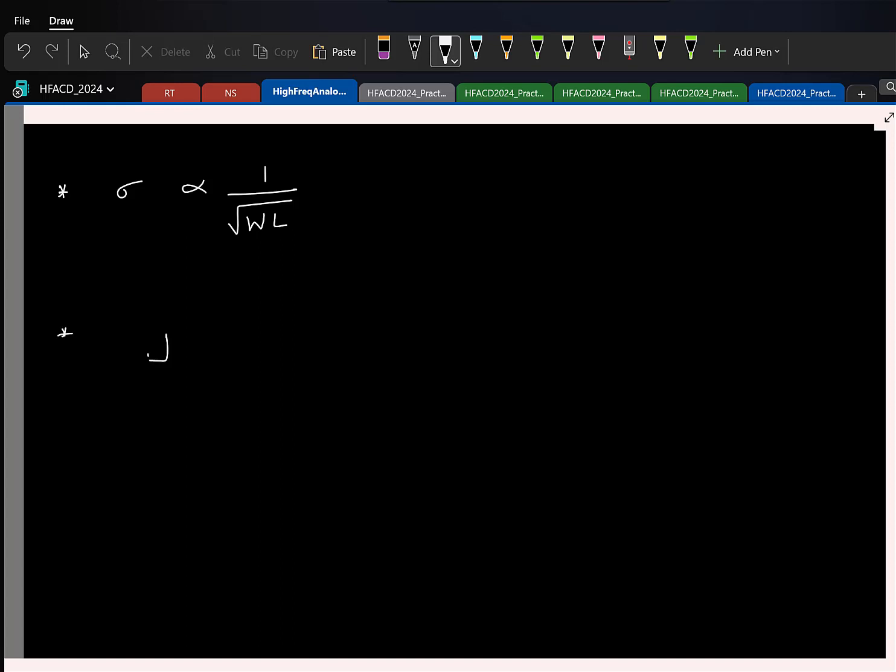Also, if we have two supposedly identical transistors, what are the sources of mismatch? The current factor beta, which includes mu Cox W by L, and the threshold voltage.